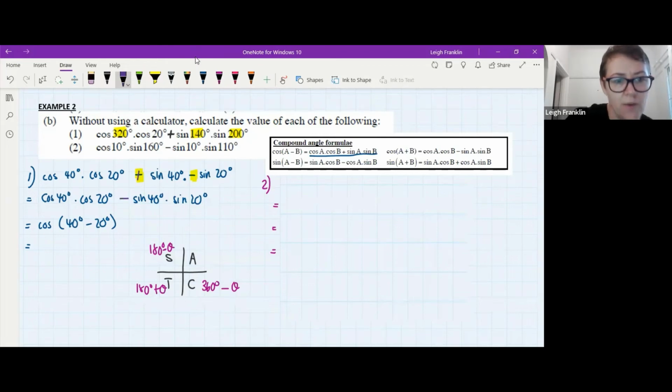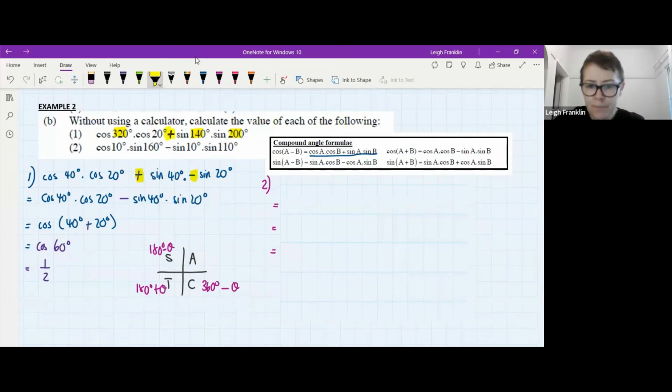We want a negative over there, so that that's plus, so that this becomes the cos of 60, and then the cos of 60 is the same as the sine of 30, which would be 1/2. Sorry, trust me to go and pick the one question out of the textbook that has a little typo in it. All right.